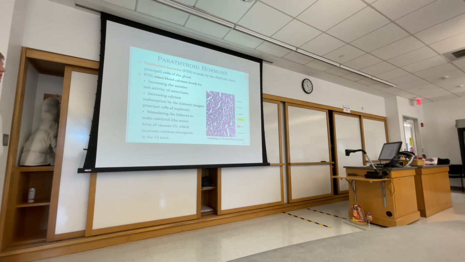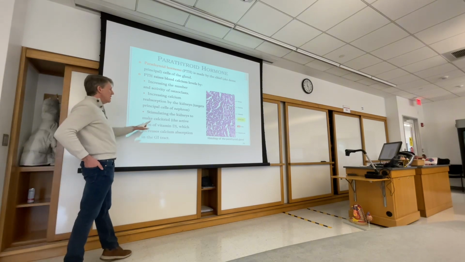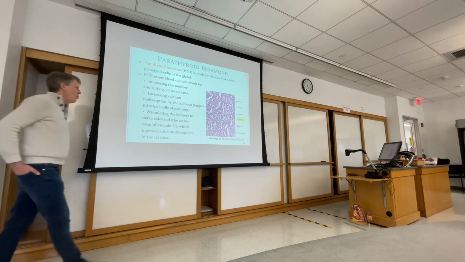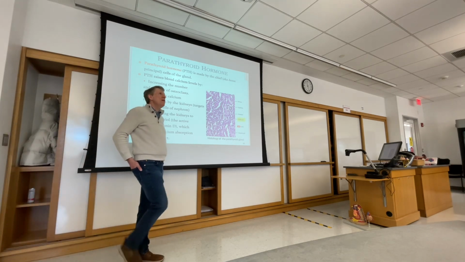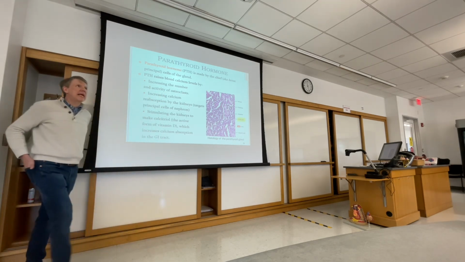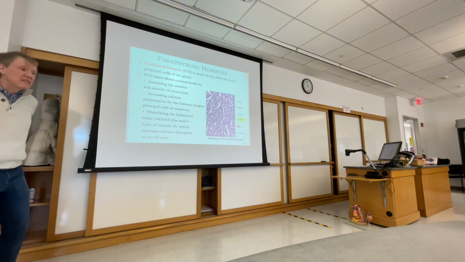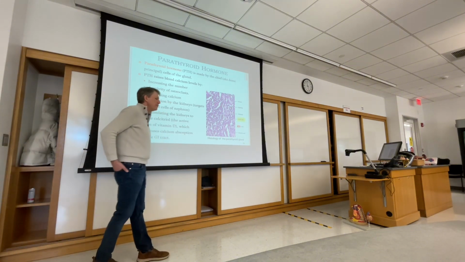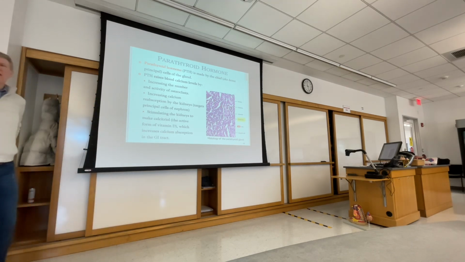And then the third thing that it does to raise blood calcium levels is it goes to the kidneys again and tells the kidneys to make the active form of vitamin D, which is called calcitriol. Now, going back to AMP1, where did vitamin D synthesis begin in the body? The skin, right? It begins in the skin. But that's not the final version of vitamin D that you get in the skin.